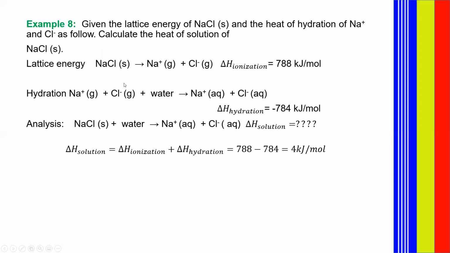Finding the delta H of solution equals that of ionization minus that of the hydration, which gives you 4 joules. So you have solid examples to practice, and I think that will make you quite solid in this enthalpy part.